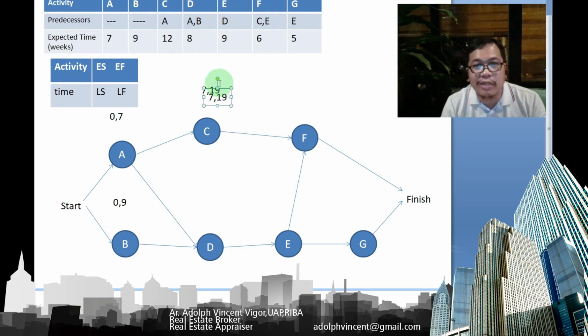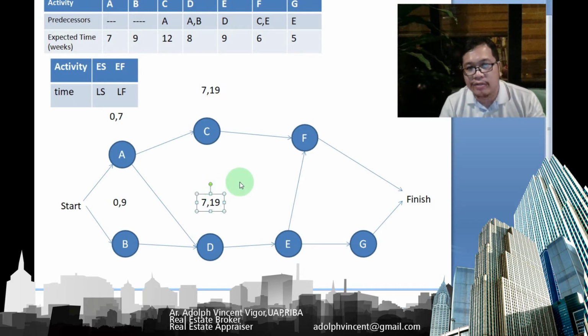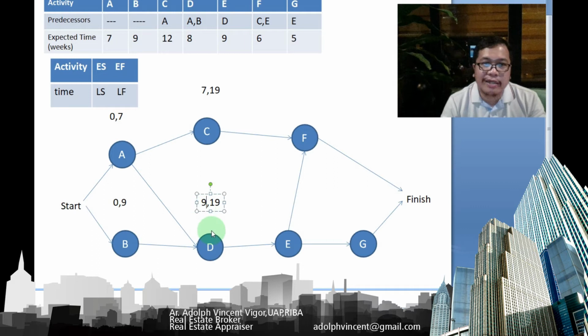Now let's go to D. In D, it's a little bit complicated because there are two predecessors, 7 and 9. In the forward pass, class, you're going to choose the one with the higher value. So you're going to start with 9. Then 9 plus 8 is 17. Its early finish is 17 weeks.